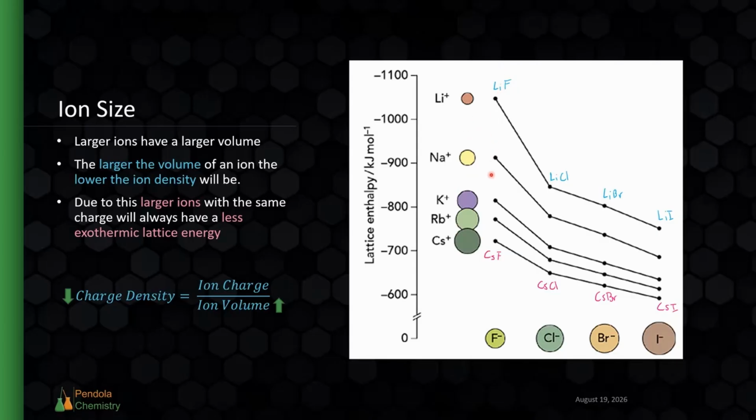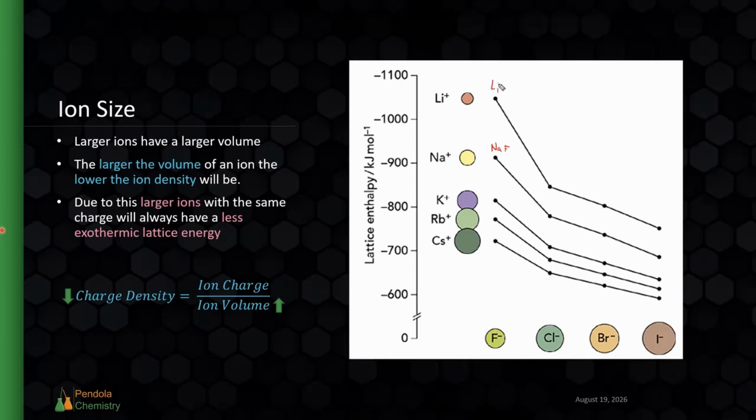Notice what happens to the lattice energies for the same anion, but different cations. Here we have lithium fluoride, sodium fluoride, potassium fluoride, and rubidium fluoride. Let me write the ones that are missing. So this is sodium fluoride, NaF.